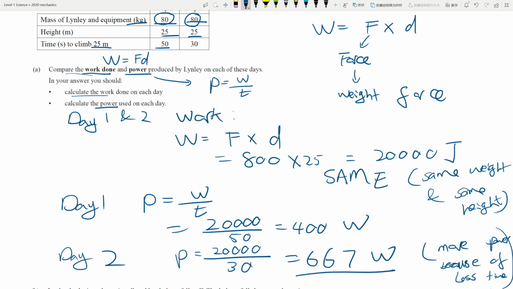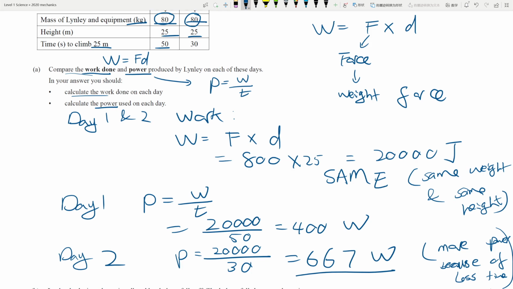If the mass is the same, what do they do when they do a press-up? They push their own weight. So the work they do is the same, because they both do 10 press-ups. They do the same amount of work, but what differentiates the two is the amount of time it takes.